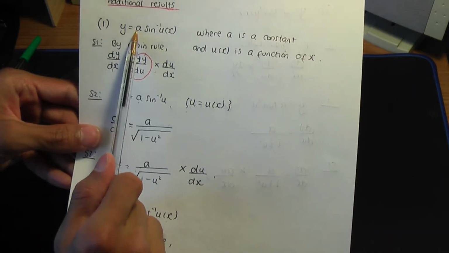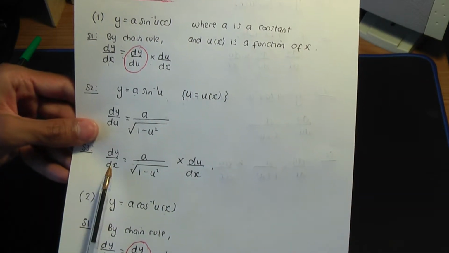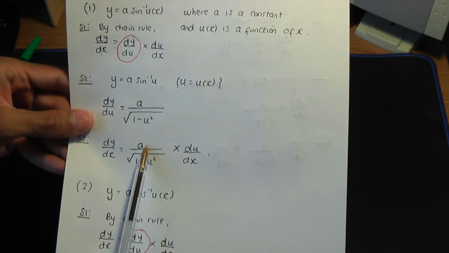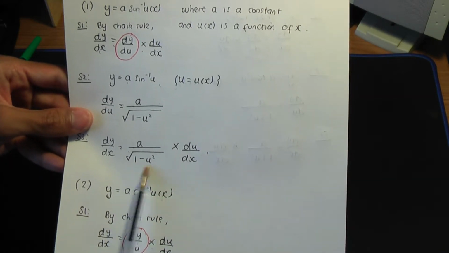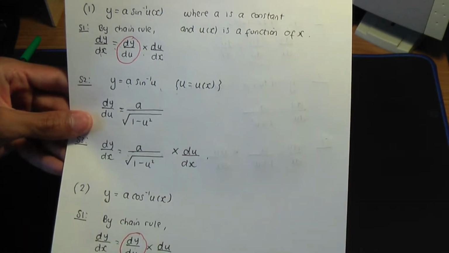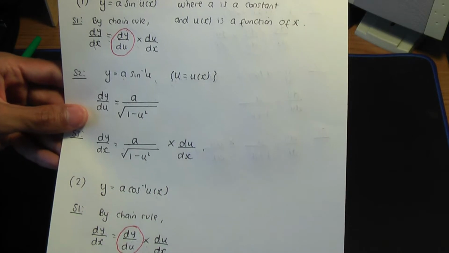So if y is a sine inverse ux, provided that a is a constant, dy by dx will be a, which is a constant, so leave the a as it is, over the root of 1 minus u squared, that comes from the standard result for the derivative of sine inverse, but you need to multiply by du over dx.